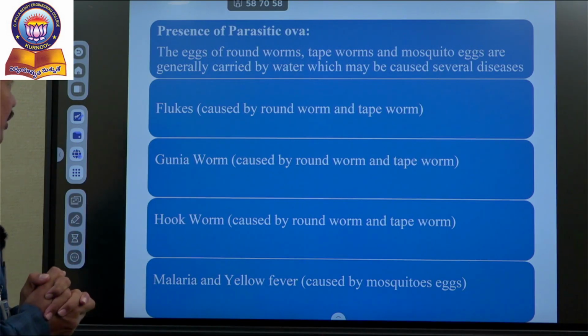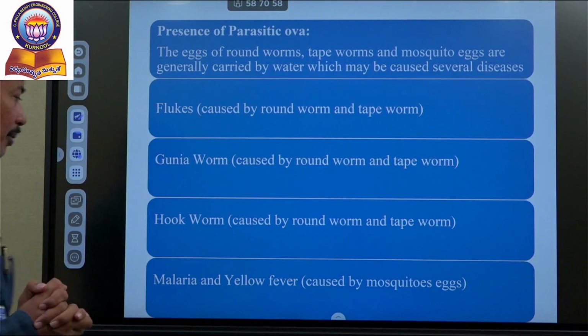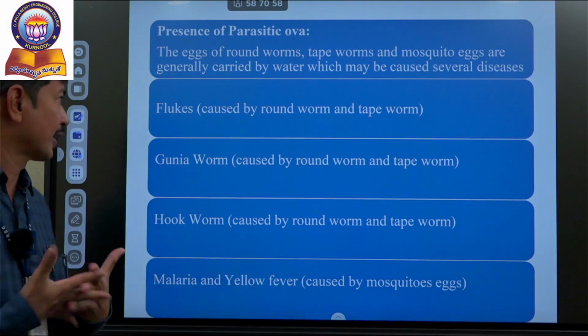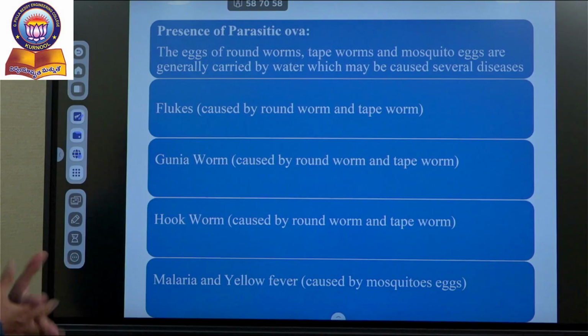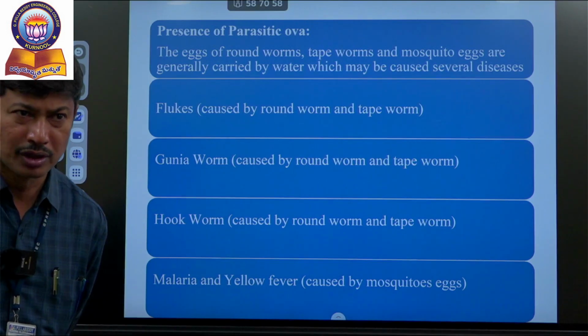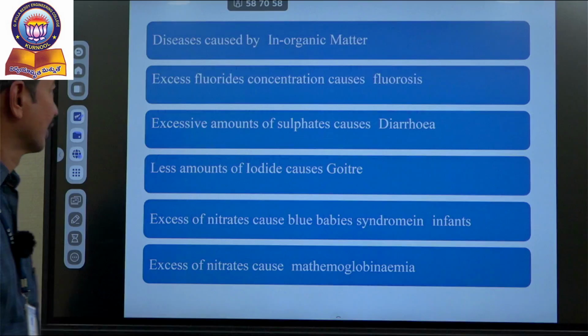The main diseases are flukes, guinea worm, hookworm, and malaria and yellow fever. Flukes are caused by roundworm and tapeworm. Guinea worm is caused by roundworm and tapeworm. Hookworm is also the same, and malaria is mainly caused by the presence of mosquito eggs.